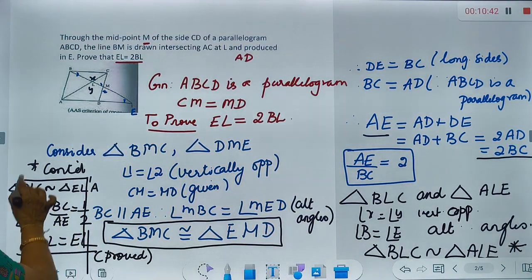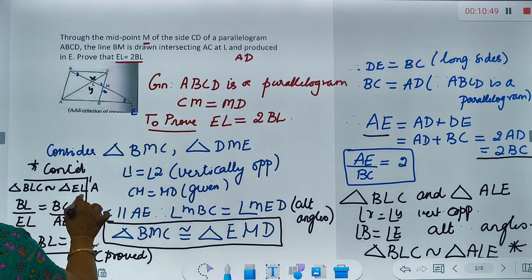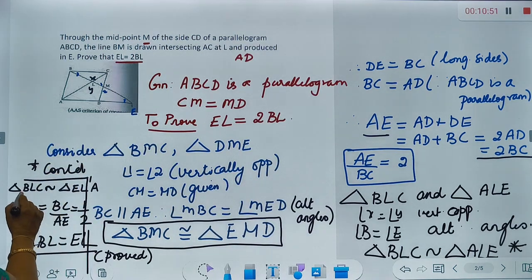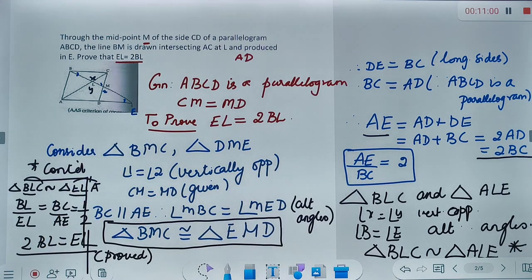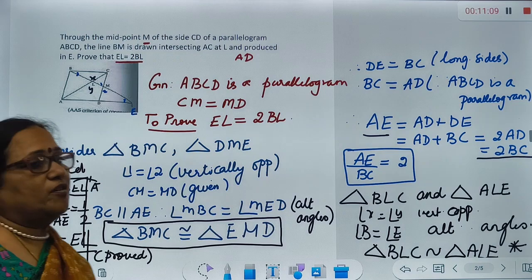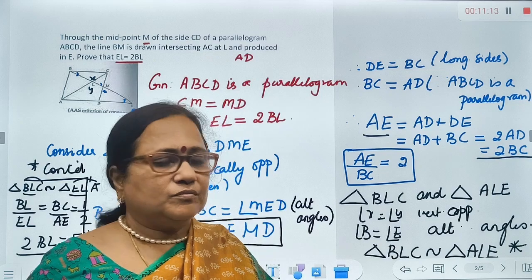Angle B corresponds to angle E, L corresponds to L, and C corresponds to A. So BL by EL is equal to BC by EA. BC by AE is half, so BL by EL is half. So twice BL equals EL, which is what we wanted to prove. Are you able to follow? Is it clear?